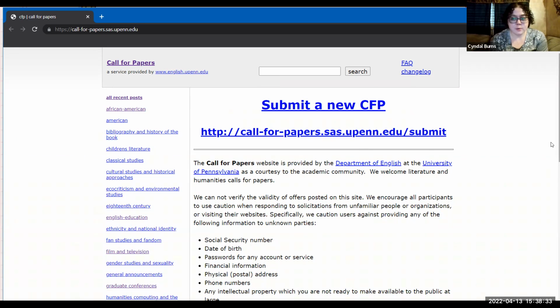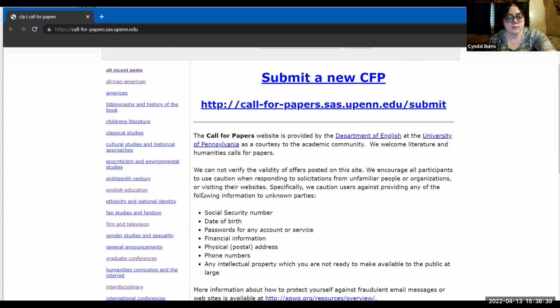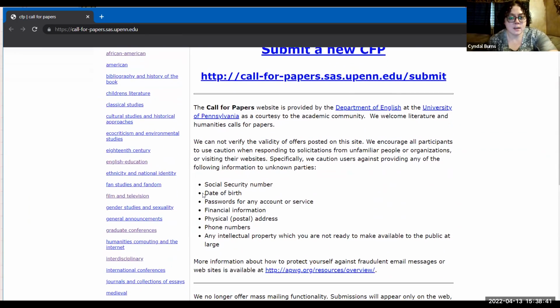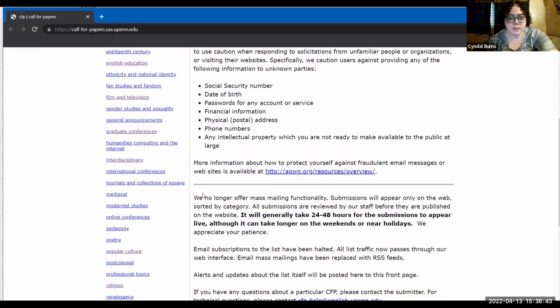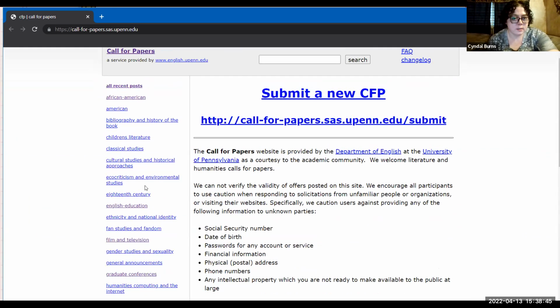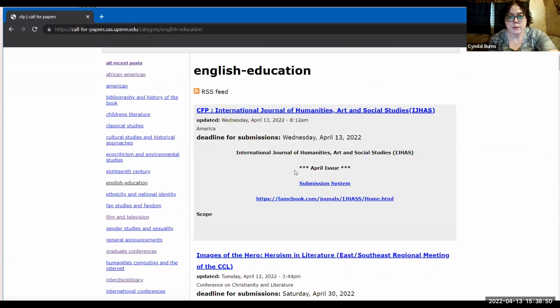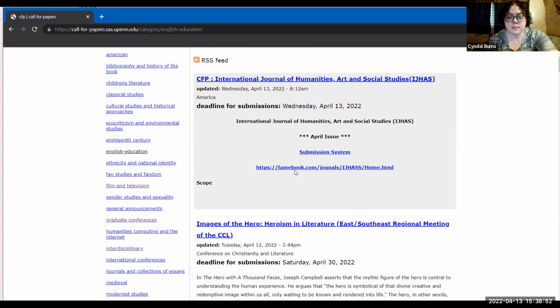Maybe it's straightened up. So this is just a database, and they have the different options for areas of study. And let me just, since I'm an English education person, it'll give you a list in that subject for them.